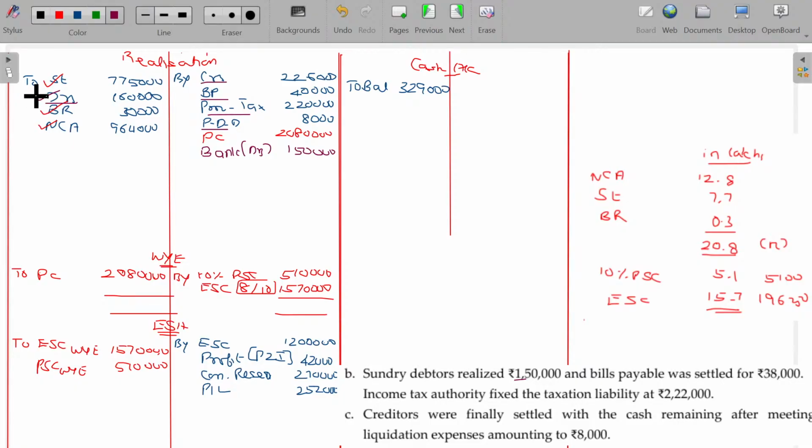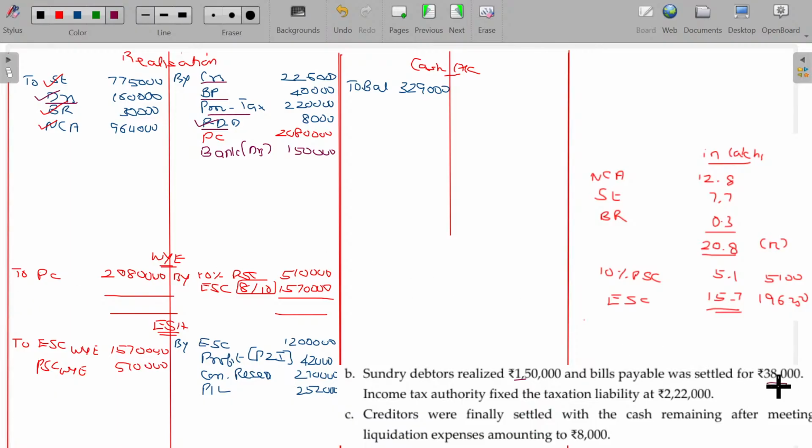While putting the tick mark for the debtors, don't forget to tick the PDD also. It should also be cancelled. So ultimately, all the assets and liabilities should be cancelled on closure. Okay, still we have the creditors, bills payable, provision for taxation remaining unsettled. Now I'm going to discuss those points along with the adjustments.